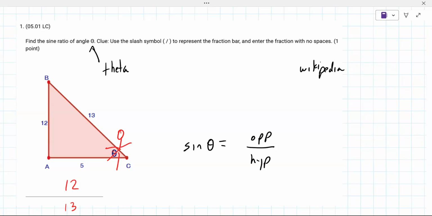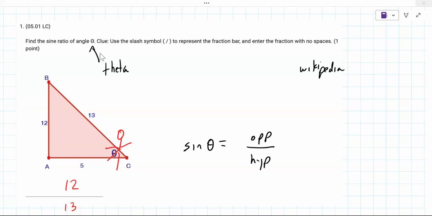This next one in the chat talks about the cosine of theta.